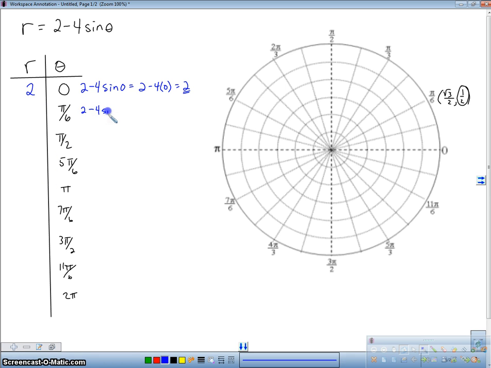2 minus 4 times the sine of pi over 6. Sine of pi over 6 is 1/2. So 2 minus 4 times 1/2 is going to give me 0. Then 2 minus 4 times the sine of pi over 2.